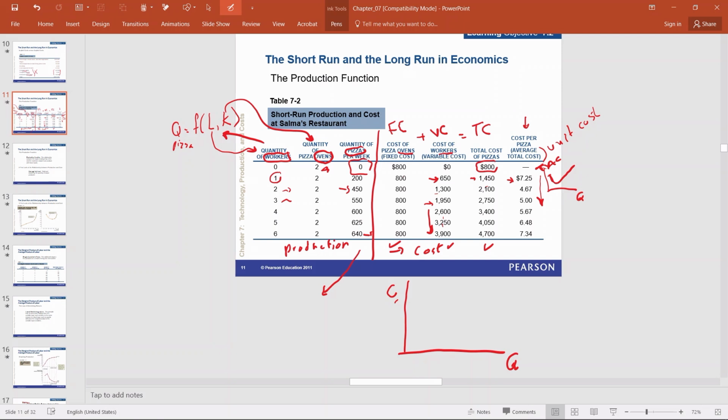So you see that this fixed cost is a fixed number. So if here is 800, and as you increase production, this cost does not change. So this is fixed cost. And for variable cost, it starts with 0, and then it increases from 0 to higher numbers. So this is fixed, this is variable cost.